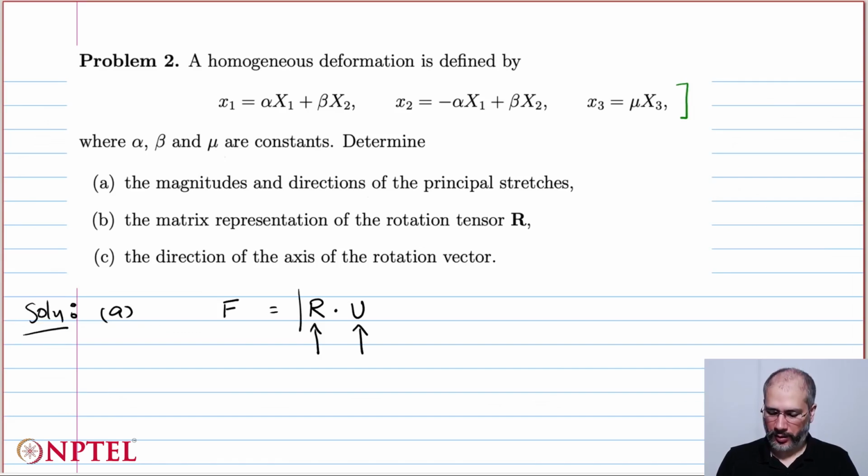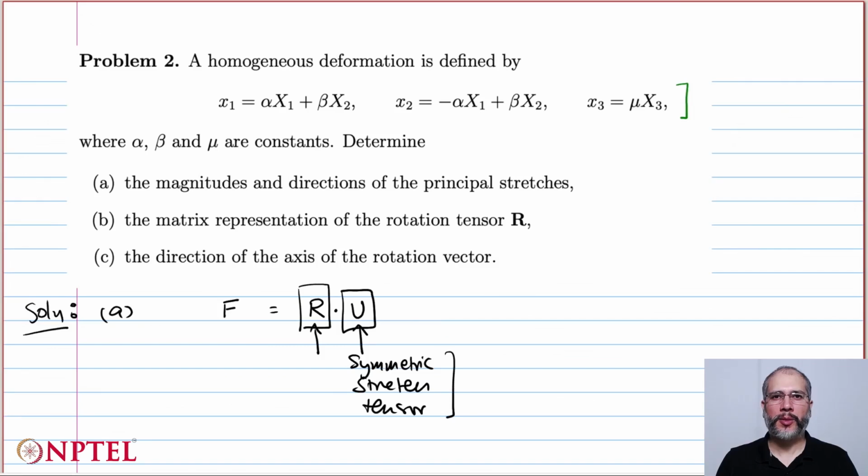So here this R is responsible for rigid body rotation of the object, and U, the symmetric stretch tensor, is responsible for stretching of the elements, and the stretching can also result in rotation, but that is not a rigid body rotation. This is the rotation of individual elements which results because of a stretch. And we had discussed this idea of stretch induced rotation.